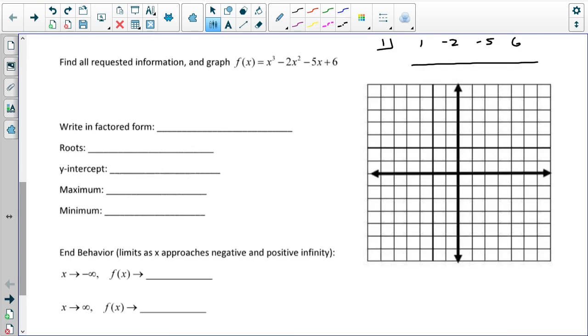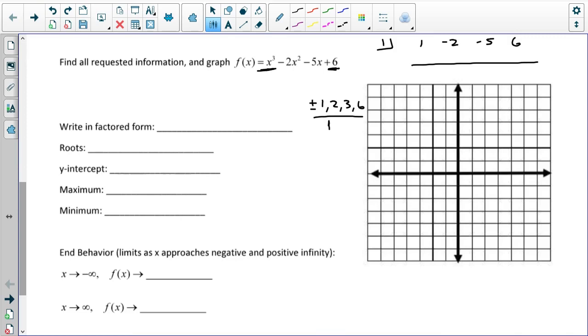By the way, I'm just going to remind myself by the rational root theorem that I take the coefficients of the first and last term. I put plus or minus all of the factors of the last term divided by all of the factors of the first term.